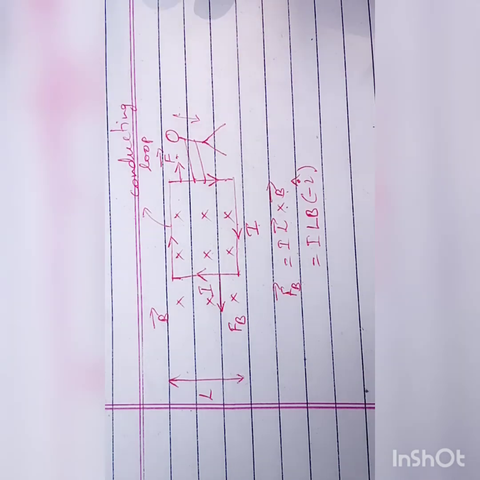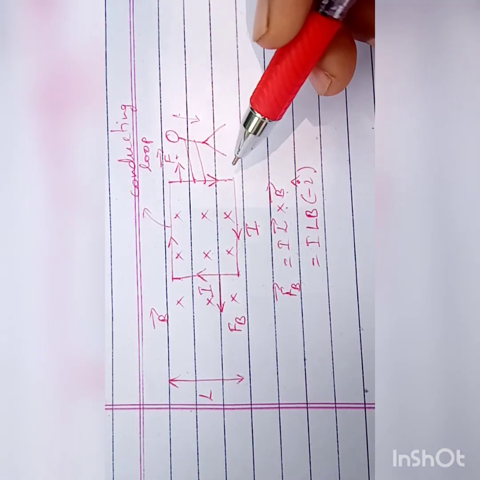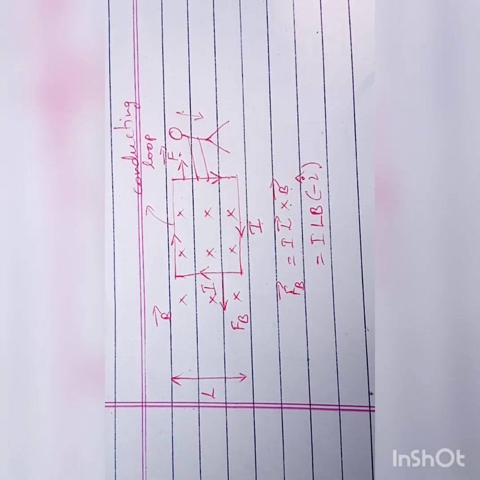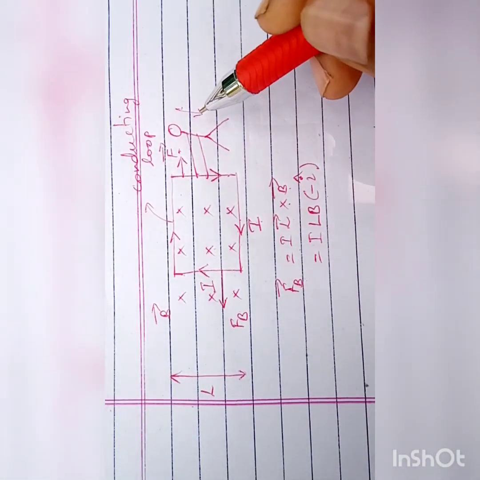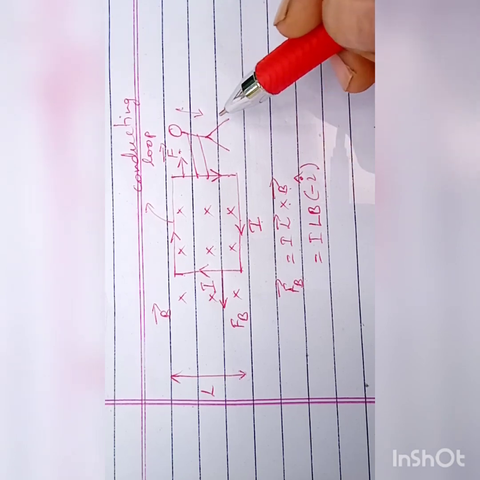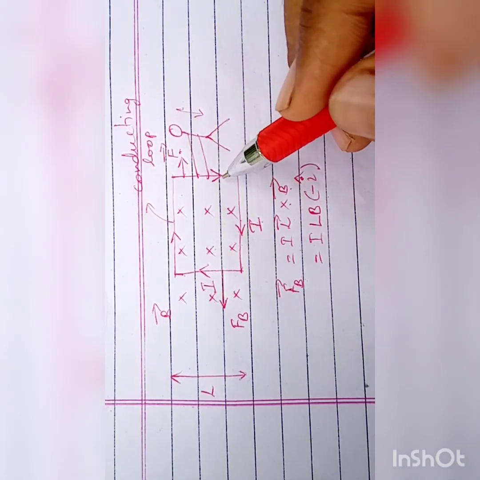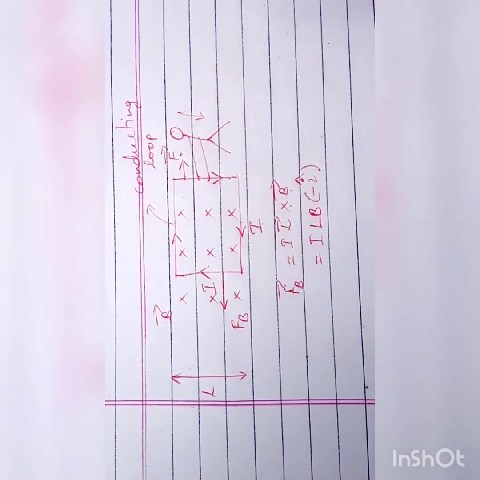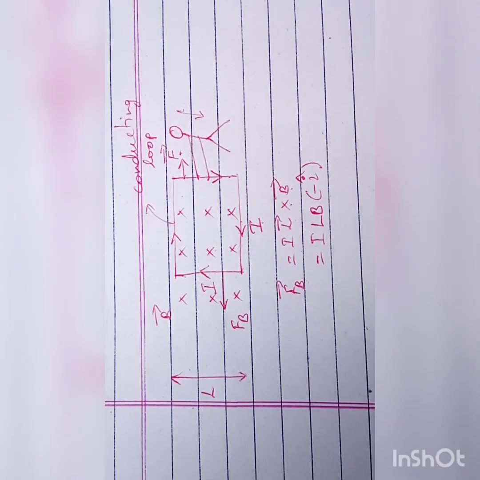Okay, now using this concept, let's find out what is the terminal velocity. Okay, so idea is the rate at which he is losing energy is equal to the rate at which the heat energy of this loop is increasing, correct?